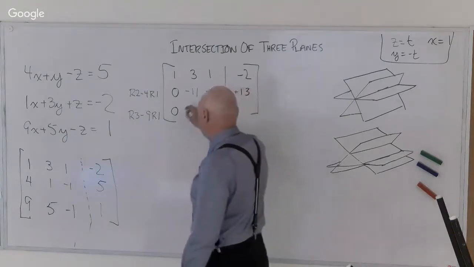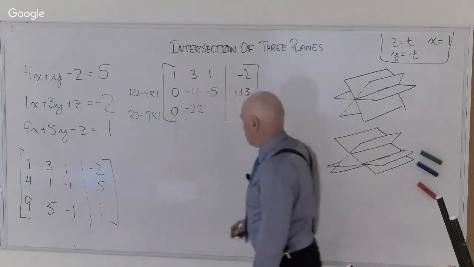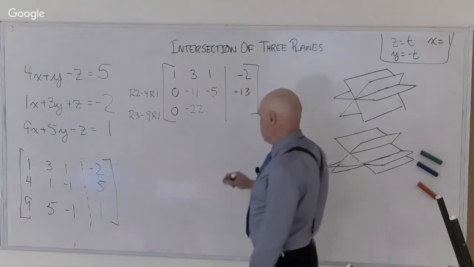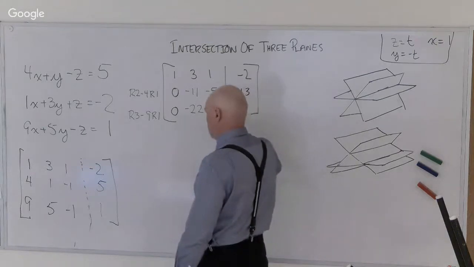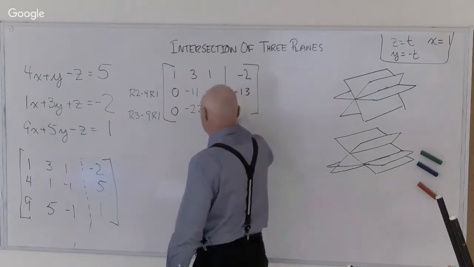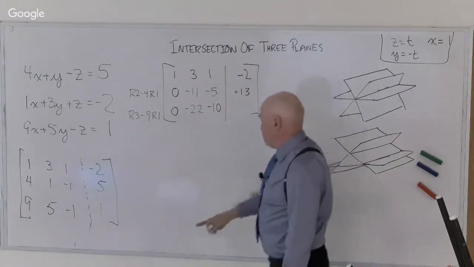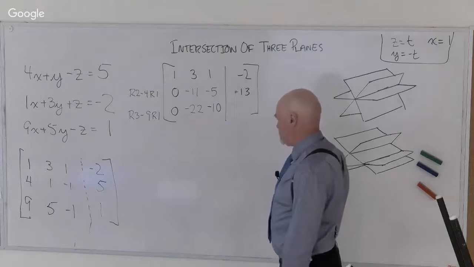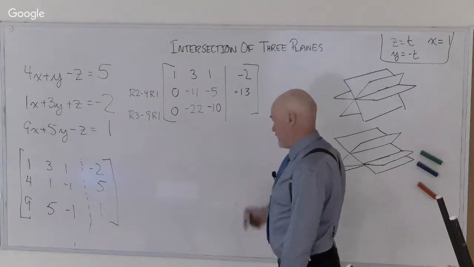Is -22? Yep. Okay. And then -1 minus 9 times 1 is -10. Very good. And finally, 1 minus 9 times -2 is going to be like adding 18.